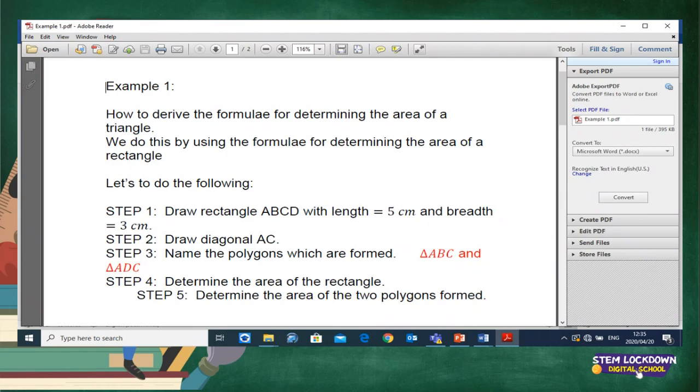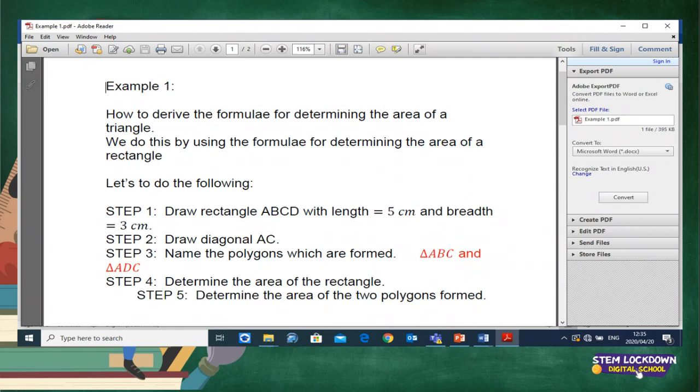So we're not going to assume that you know the formula for calculating the area of the rectangle. We assume at this stage that you do not know what the area of a triangle is, and we are going to show you how to determine that area.